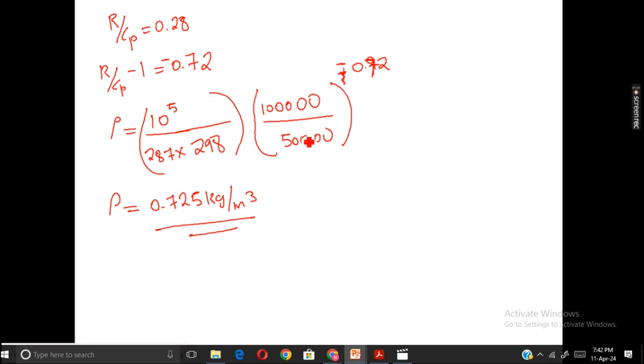If we substitute all values in this equation, we finally get the value of rho to be 0.725 kilogram per meter cubed. That is the density of the air at 500 mb.